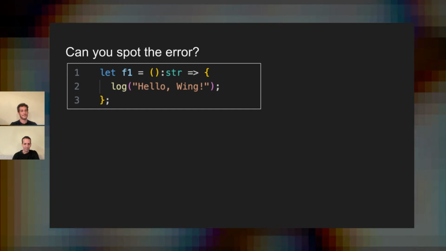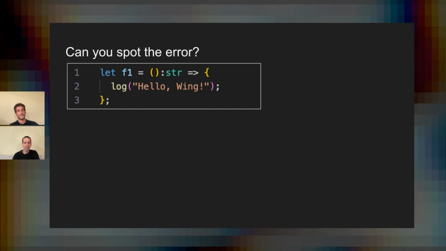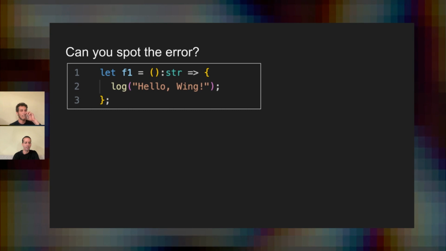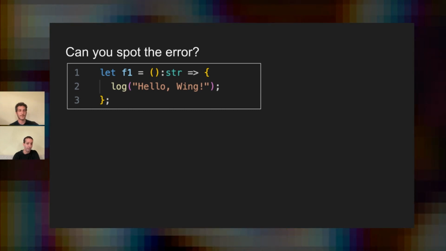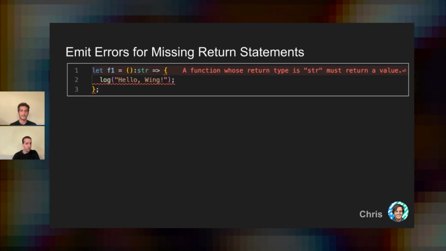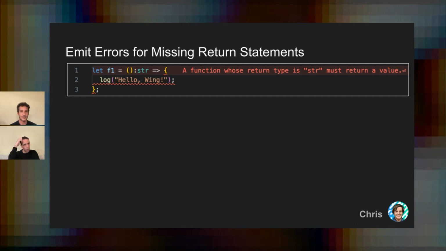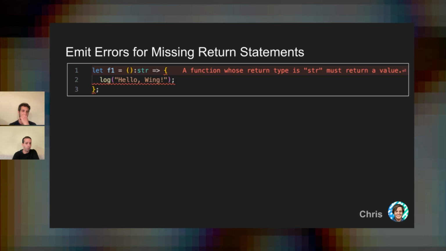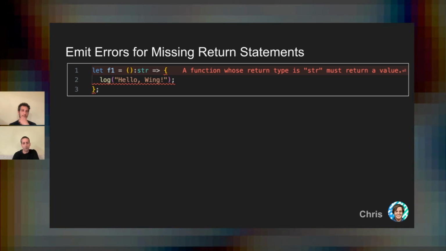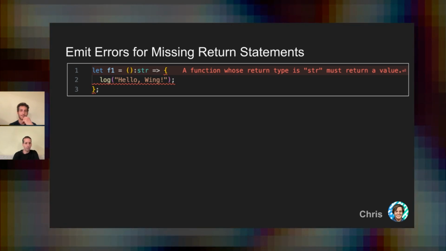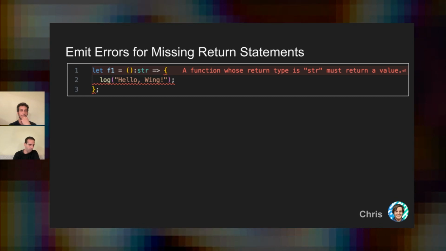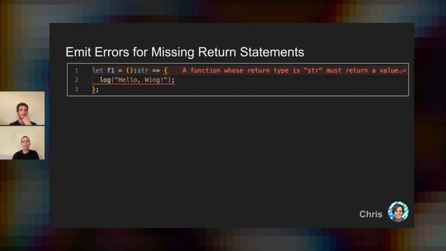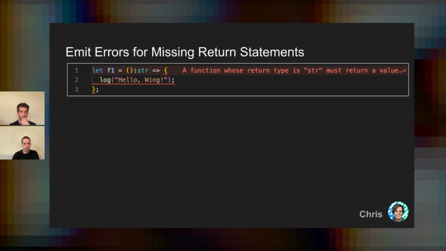This is an anonymous function, a closure, if you may, and it declares that it returns a string, but it doesn't. And Chris just added that error, that this function should return a value. And if it returns a value that is different from the type declared in the signature, obviously it will also indicate that. The compiler will shout.